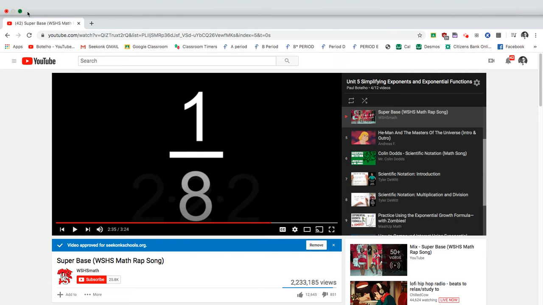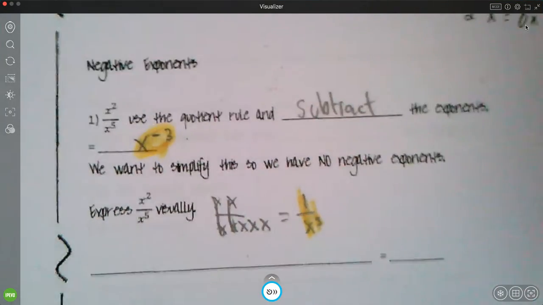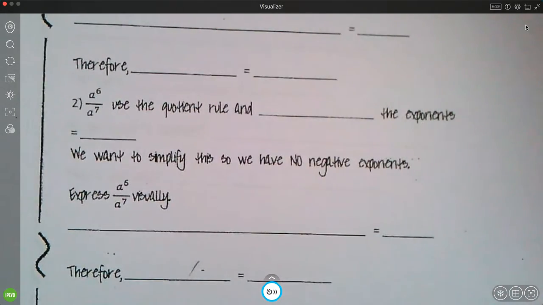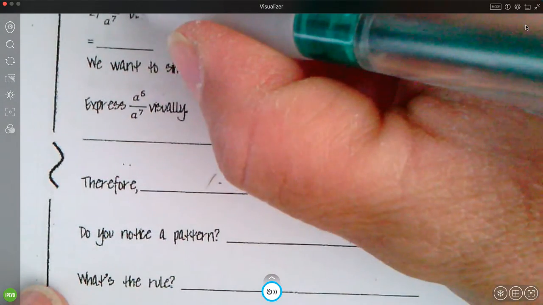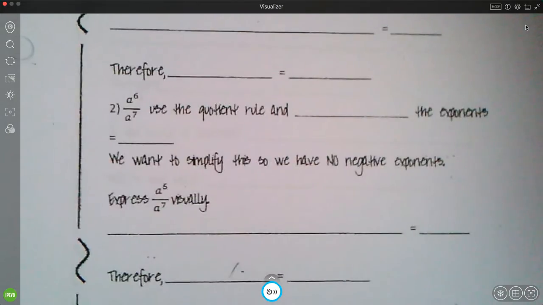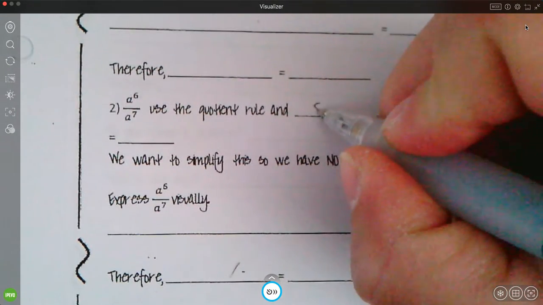So let's go back to our reference notes here and continue. Let's do another example: a to the 6th over a to the 7th. You use the quotient rule and subtract again.